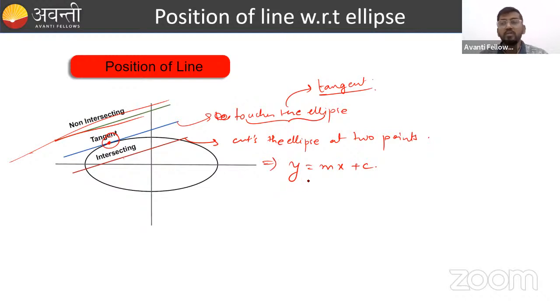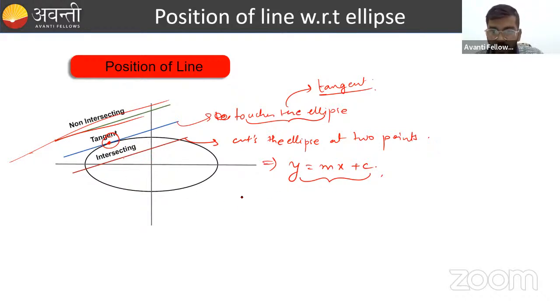If this line is y equals mx plus c, now we have to determine whether this line can be a tangent to this ellipse or not.